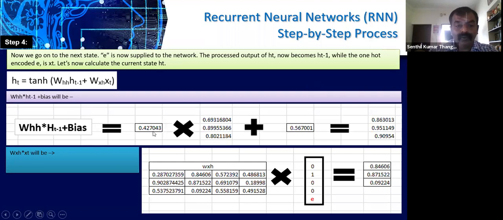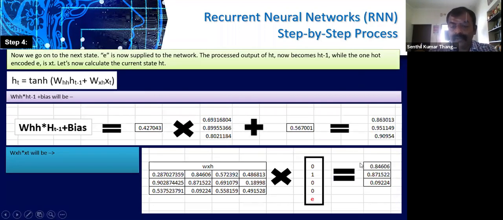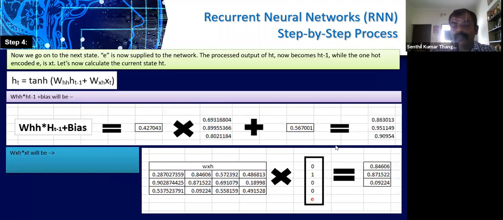So 0.42 times the previous value that we calculated, that is h suffix t, multiply it and add it with the value that we got initially for h. The initial value that we got with respect to h is what? 0.56. Just add it with this. You will get a final value, right?